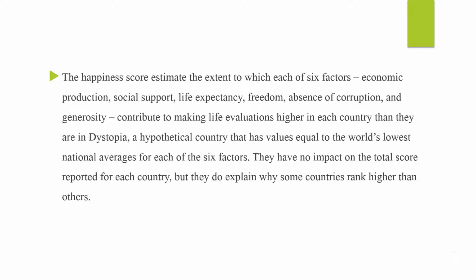The happiness score is affected by those 6 factors: economy, production, social support, life expectancy, freedom, absence of corruption, and generosity contributes to make life evaluation higher in each country than they are in dystopia.